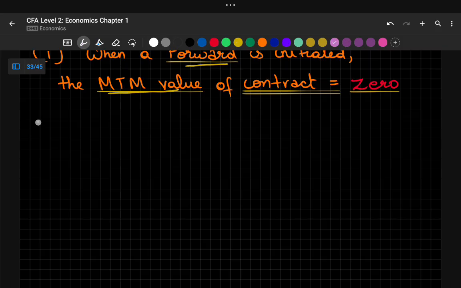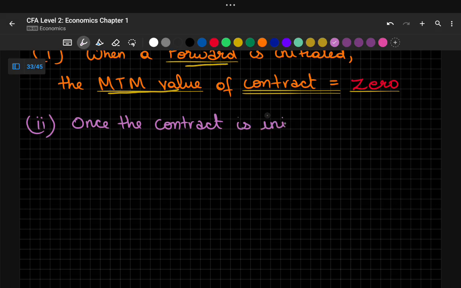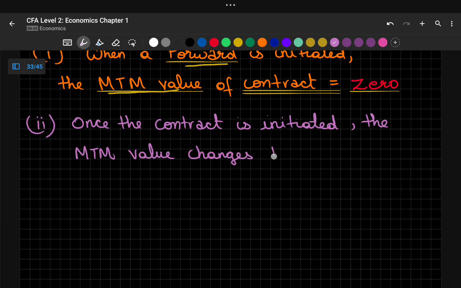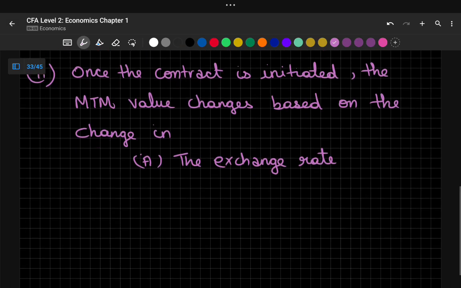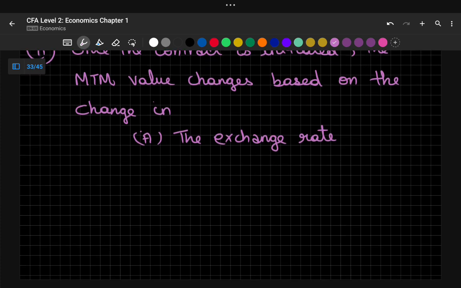The second point is, once the contract is initiated, the MTM value changes based on the change in the exchange spot rate, because as the market value changes, the MTM value would also change.